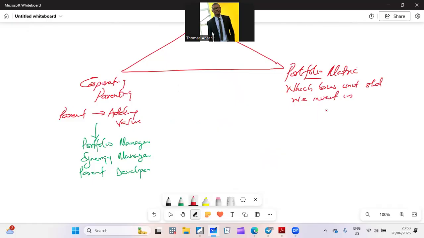And here we are going to do the BCG matrix, the Boston Consulting Group. We will look at the McKinsey direction.